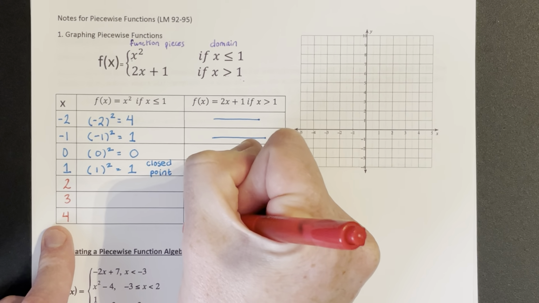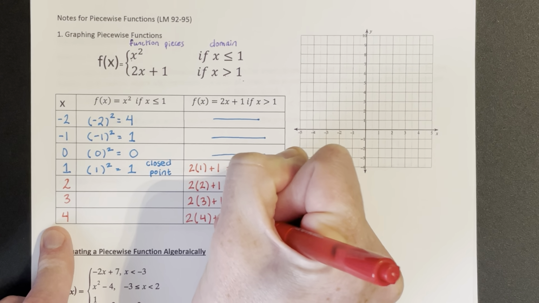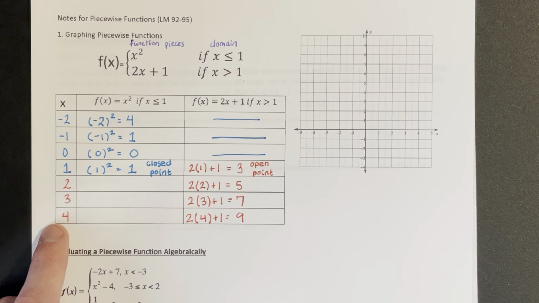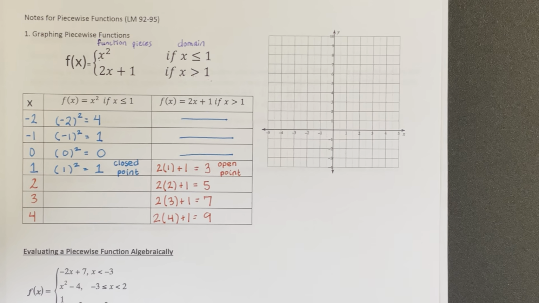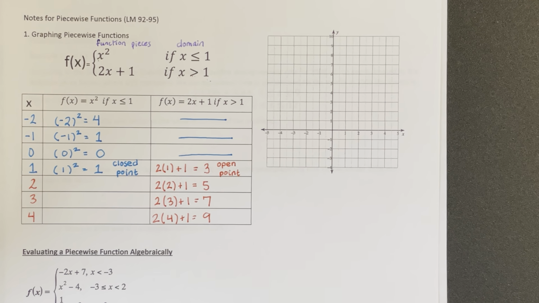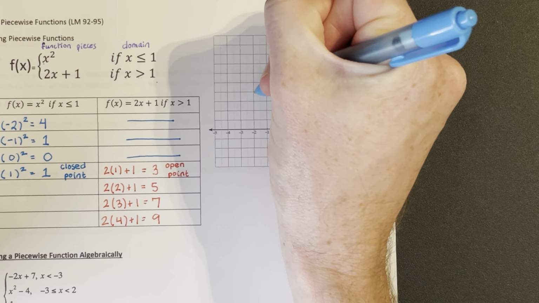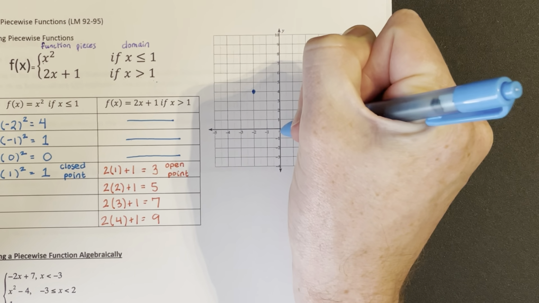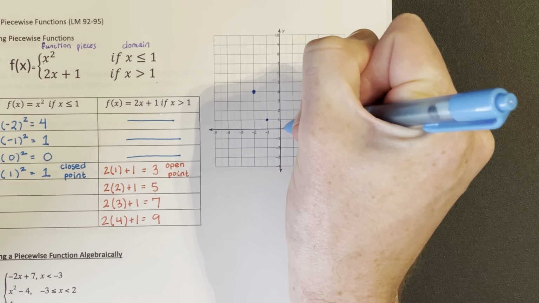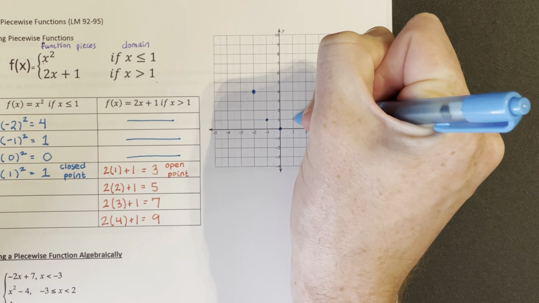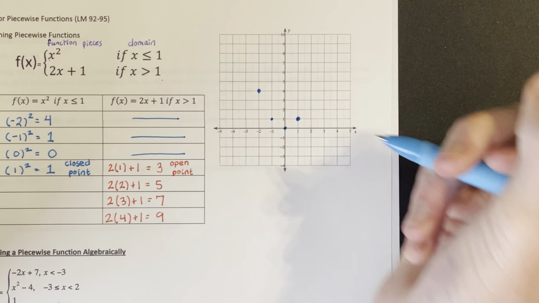And then 2 times 4 plus 1 is going to end up being 9. So if I graph these, I would take -2, go to 4, -1, go to 1, 0 is at 0, +1 is at +1, and it's a closed circle.